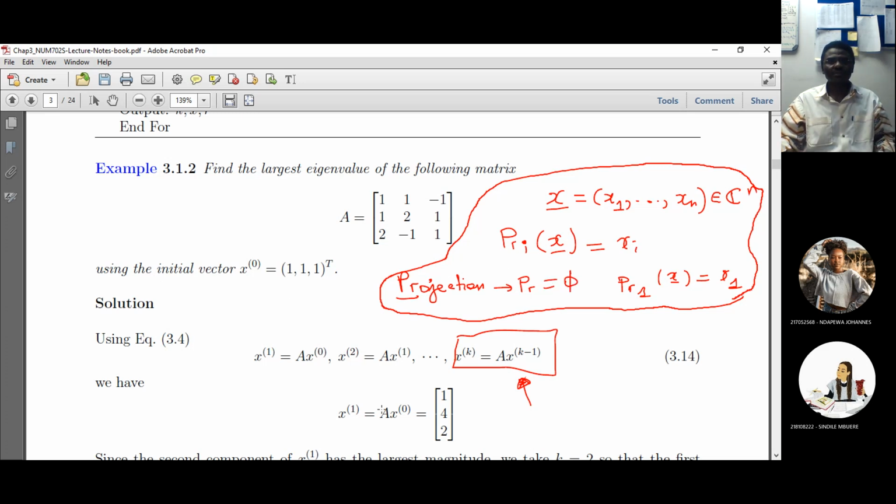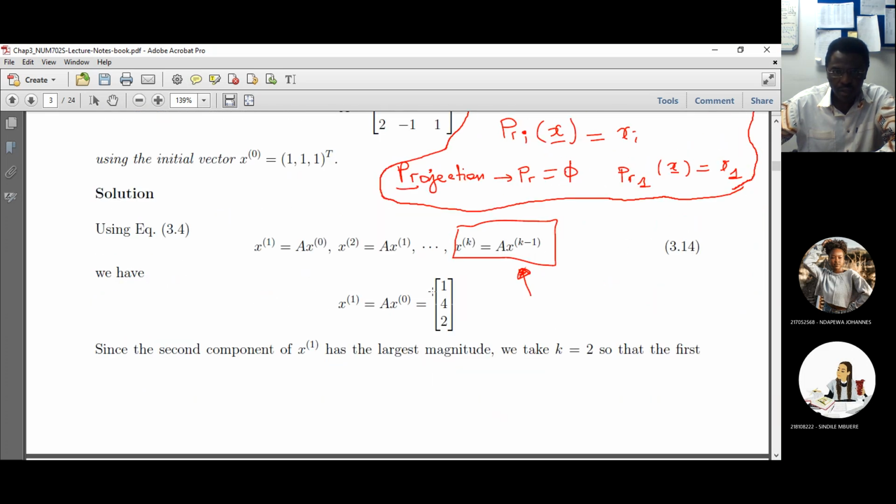Now, how are we going to project? Our projection will be along the entry, because we don't fix i a priori, right? We will look at the entries of x and find the entry with the largest magnitude.